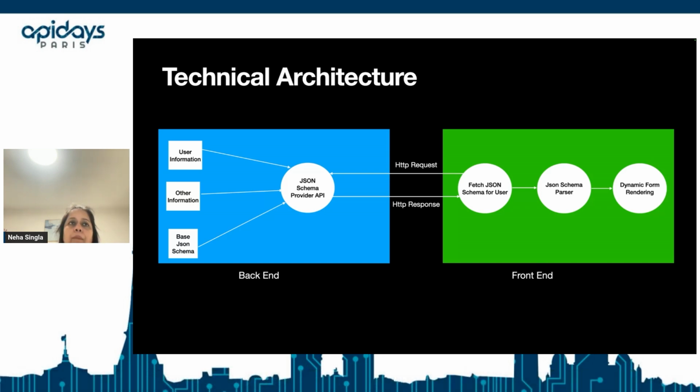So it's JSON schema everywhere. We have the base JSON schema, we modify it on the fly for each request, and send it to the front end. The front end uses it to render the form, get the data from the user, and send it back according to the schema.